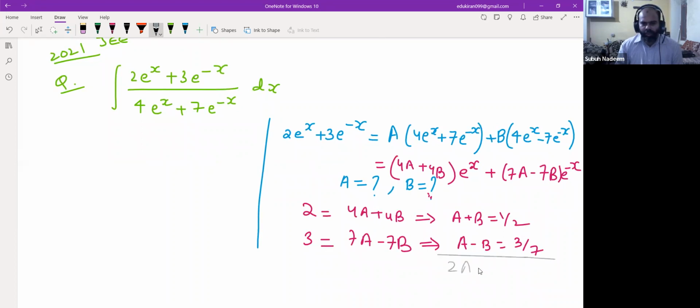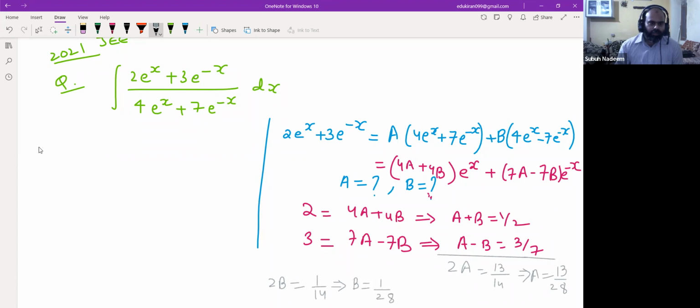You will get 2a is equal to 1 by 2 plus 3 by 7, that is 7 plus 6, it will become 13 by 14. So a will be 13 by 28. And when you subtract, you will get 2b is equal to 1 by 2 minus 3 by 7, so 1 by 14. So b will be 1 by 28.